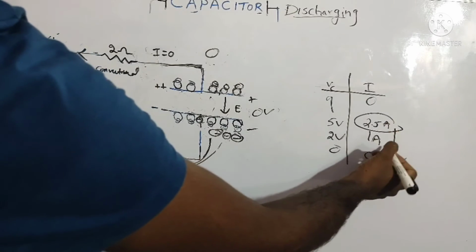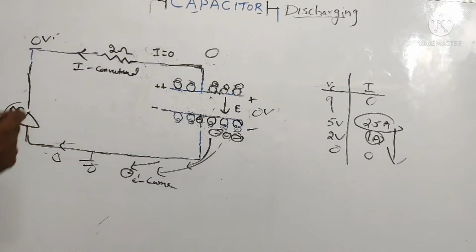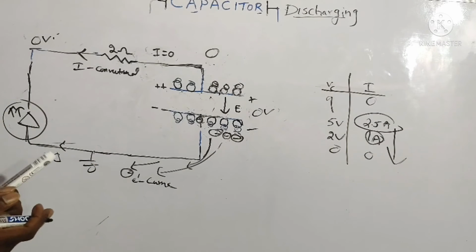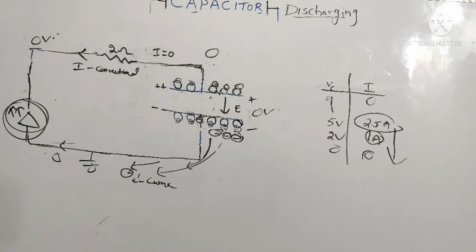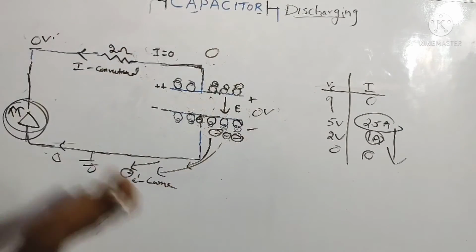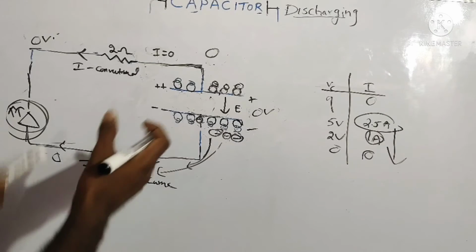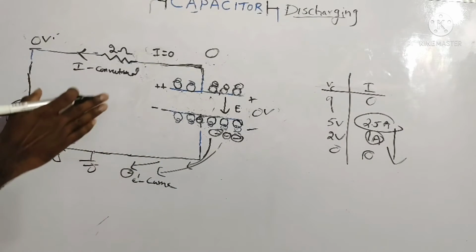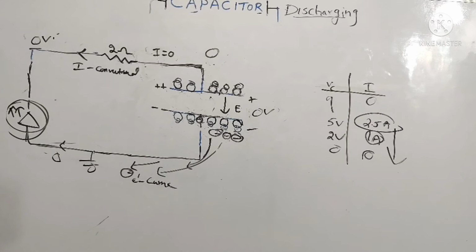So initially it is 2.5 amperes, and at 1 ampere the glow of this LED will decrease or fade away. When it reaches 0, the LED will go off, or be put out. So this is the thing that I'm going to explain practically, to prove in case of discharging of a capacitor.